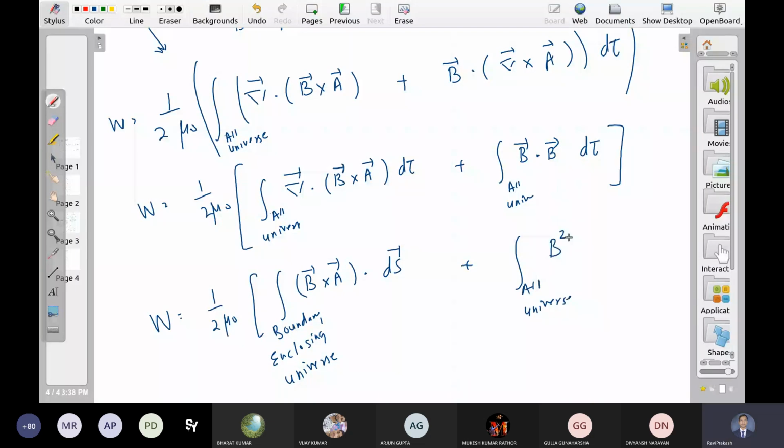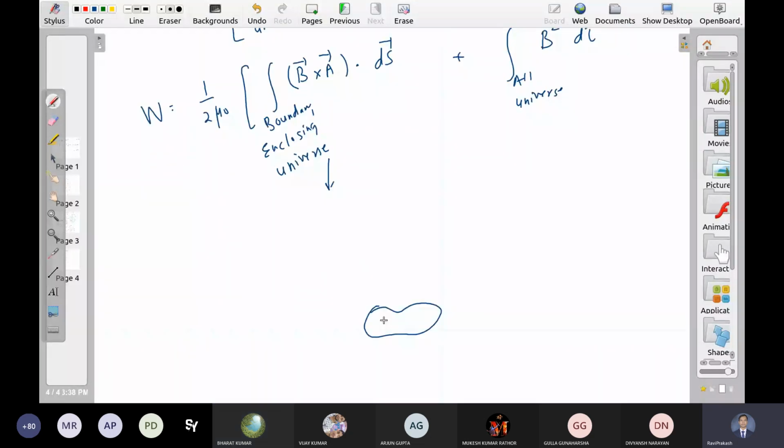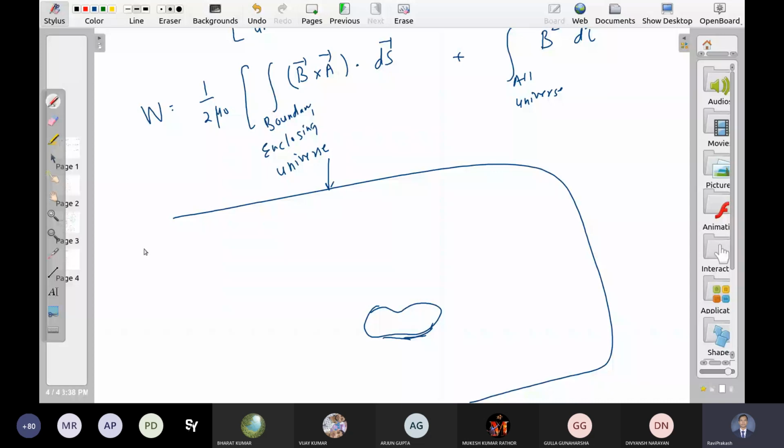What is the answer for the first integral? It should be 0, sir. But why? There is this loop of some complicated shape, and this is the universe. You need to calculate B and A at the boundary of this universe and then do the surface integral. So what is B and A at the boundary of this universe? 0, sir. Yes. So this integral is 0 and we are left with only this integral.